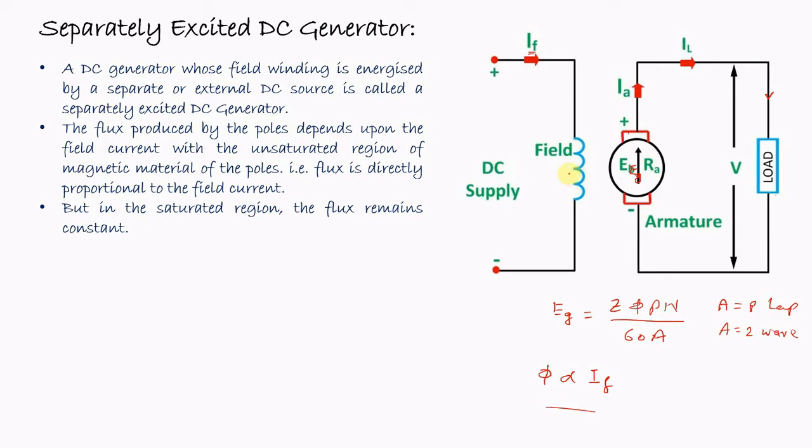So basically, here we have to remember some relations in voltage and current. First of all, as we have seen, the current flowing from the armature, the same current will flow to the load. So the first relation is that the armature current is equal to the load current.